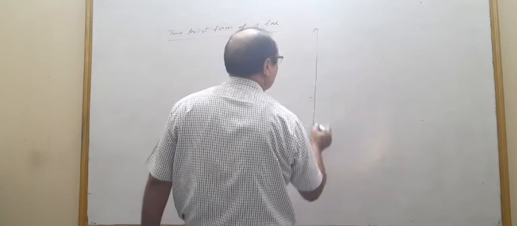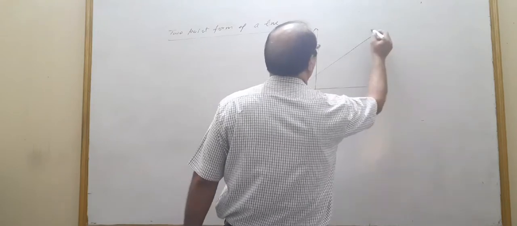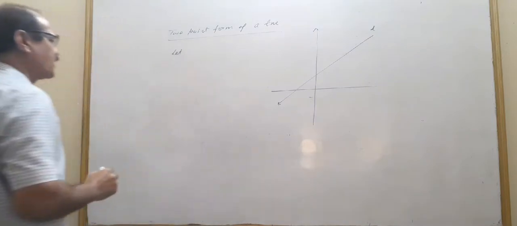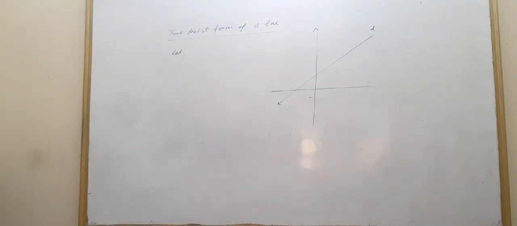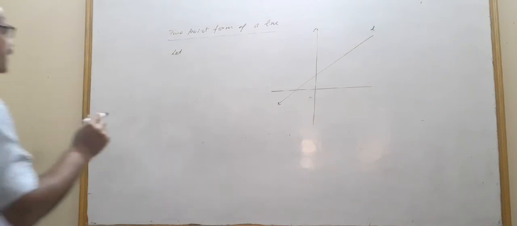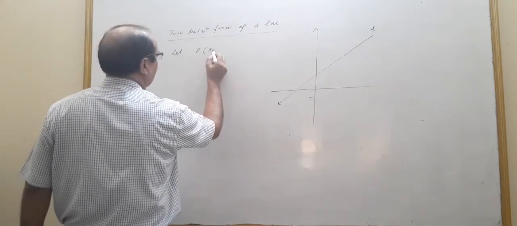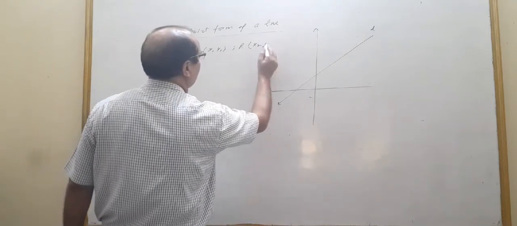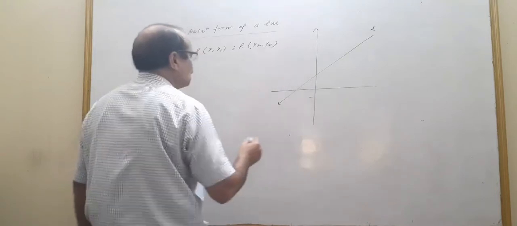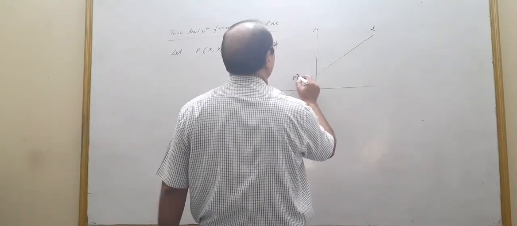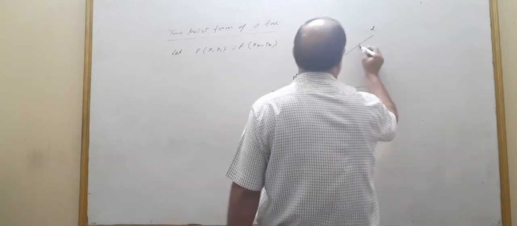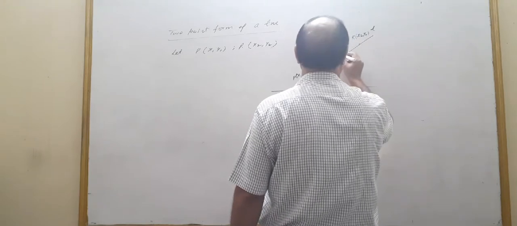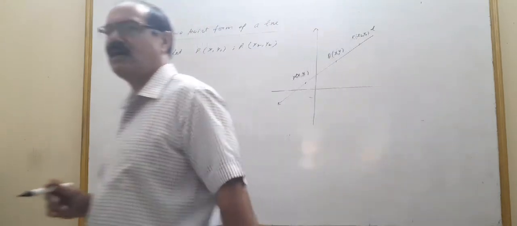Let us consider this is the line that is named as L, and let the line pass through the 2 points, P and R. Let the point P be x1 y1 and the point R be x2 y2, and let Q be any arbitrary point x y on the line.